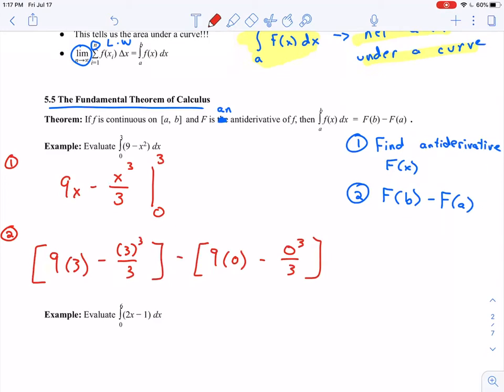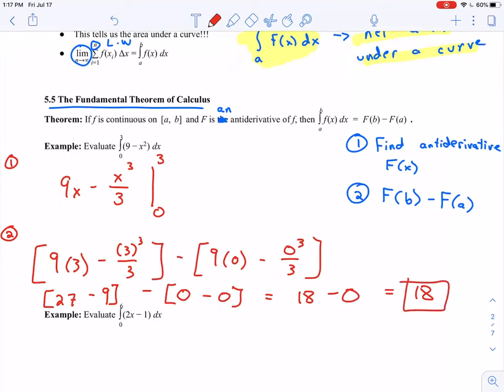So here we just have a little bit of number crunching to do. 9 times 3 gives me 27, minus 3 cubed, which is 27, divided by 3, that would be 9. Minus over here, 9 times 0 is 0, minus 0 to the third is 0, over 3 is 0. So I end up with 27 minus 9 is 18, minus 0 gives me 18.